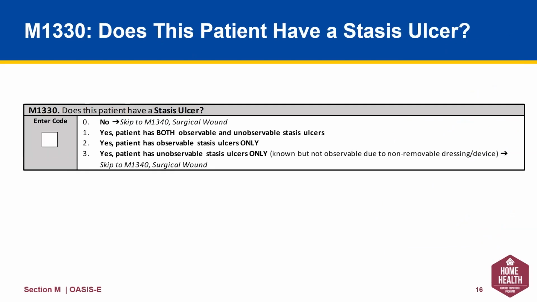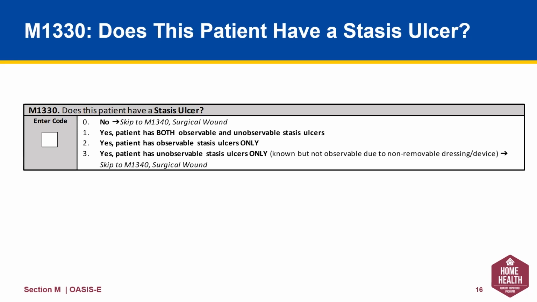This is a screenshot of M1330. Does this patient have a stasis ulcer? This item identifies patients with ulcers caused by inadequate venous circulation in the area affected, usually the lower legs. This lesion is often associated with stasis dermatitis.